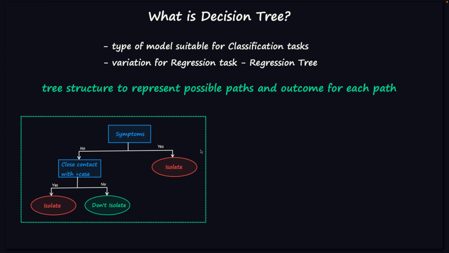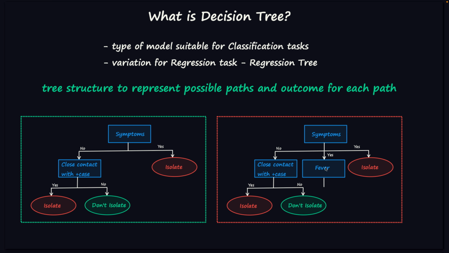Okay. Now let's look at an example which is not a valid decision tree. If you take this example, this is very similar to the one that we have on the left here, but the difference is if the patient is having symptoms, then we have two paths here. So these two are valid paths if the patient has symptoms. But if you look at here, this is not decisive.